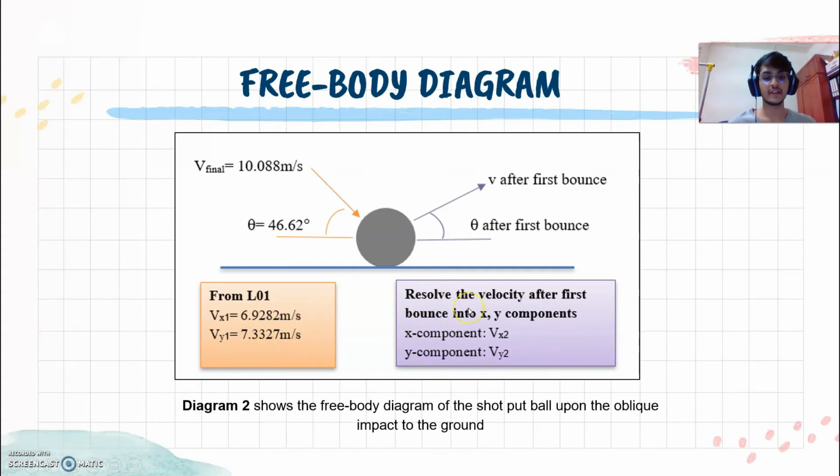Resolving the velocity after the first bounce, we can denote it into two components, the x and y components, which we represent as vx2 and vy2 as shown here.